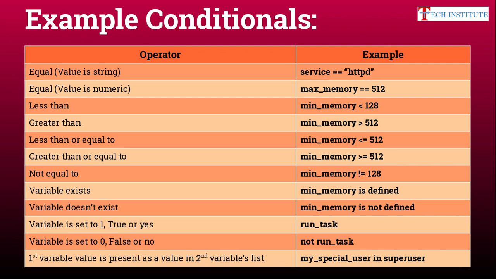If that variable value is present in the list of super user, we will see one example of that in our upcoming slides. So you can take a screenshot of this and keep it for your reference. Whenever you want to use conditions in your Ansible, you can use these operators to do the conditions check.